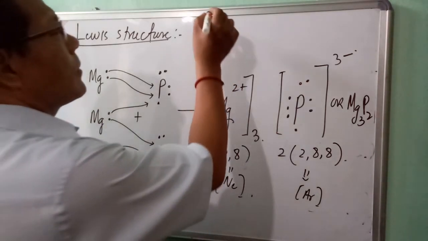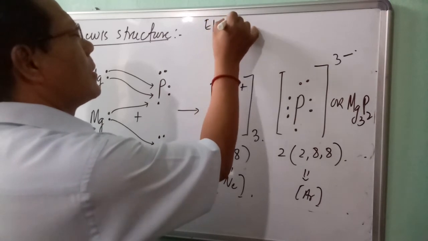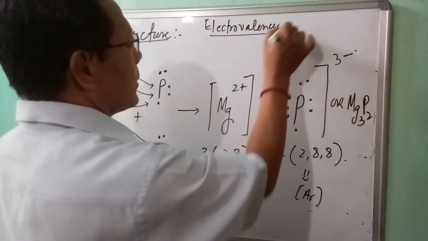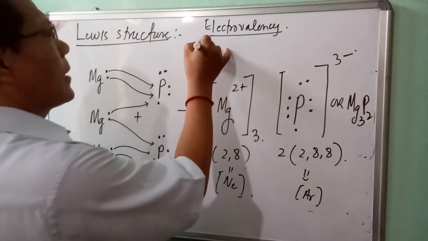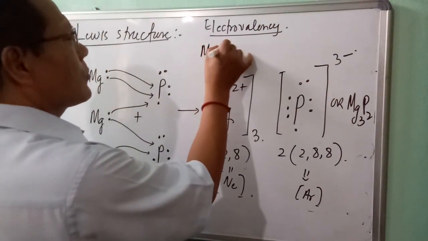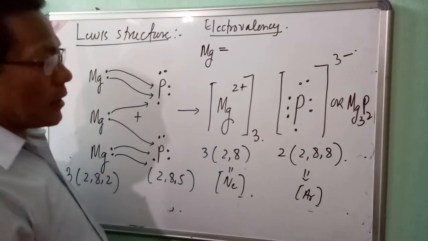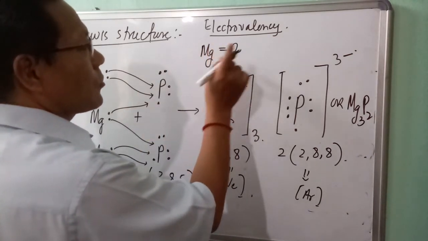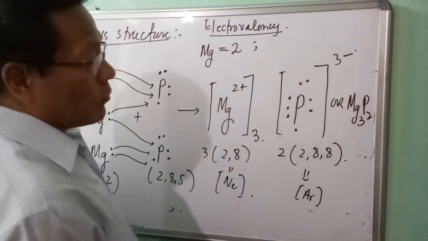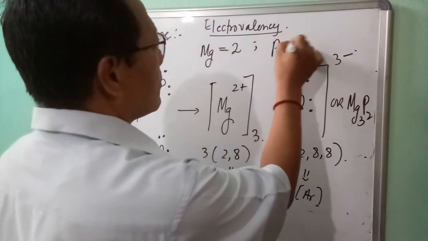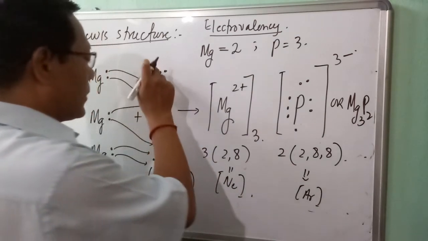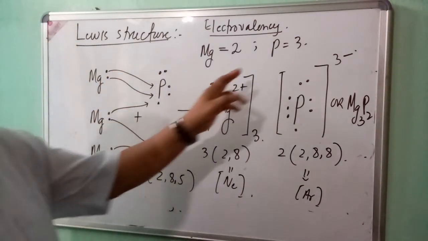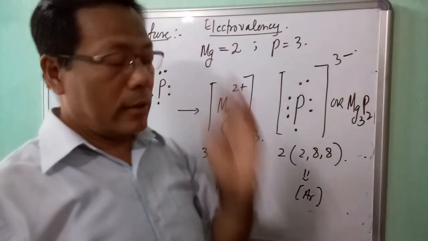So in this example, the electrovalency of magnesium: magnesium loses 2 electrons in order to form this ionic compound, so the electrovalency of magnesium is 2 and the electrovalency of phosphorus is 3, as the phosphorus atom gains 3 electrons.